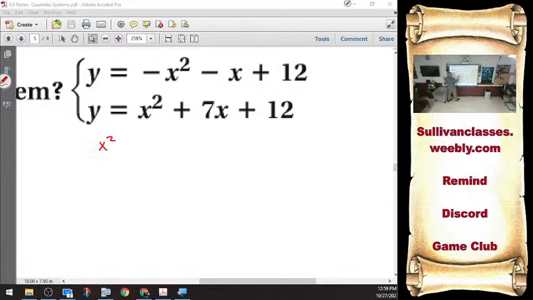So I've got x squared plus 7x plus 12 is negative x squared minus x plus 12. We're getting there.